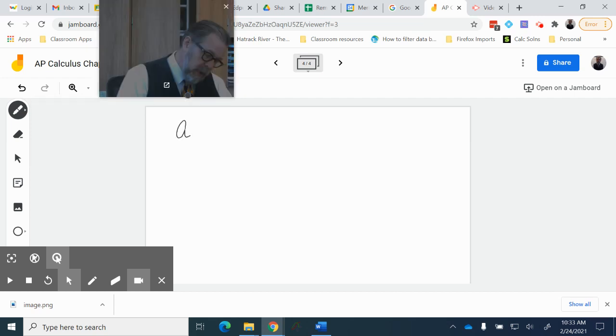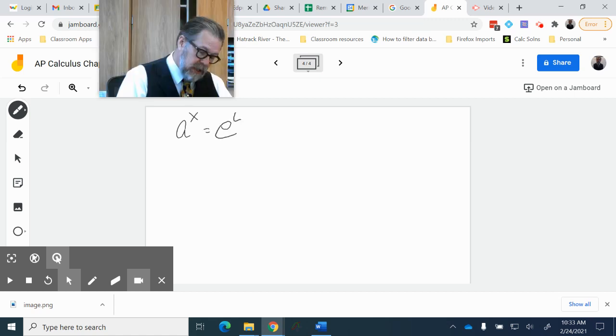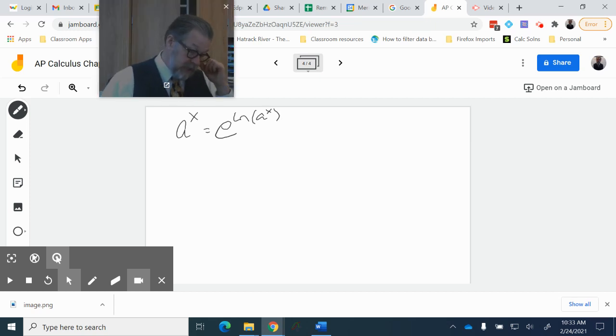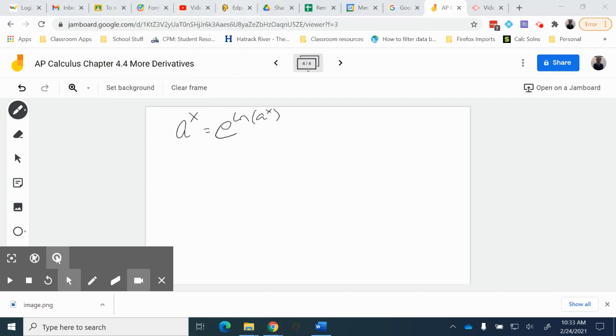I could rewrite a to the power of x as e to the natural log of a to the x. And I apologize that this is blinking on and off. It was supposed to be fixed, but I'm going to get rid of that. Very frustrating. Remember, e to the power of natural log, they cancel each other out.